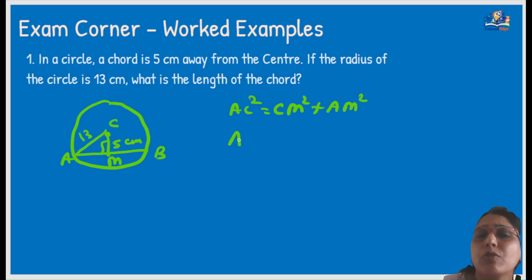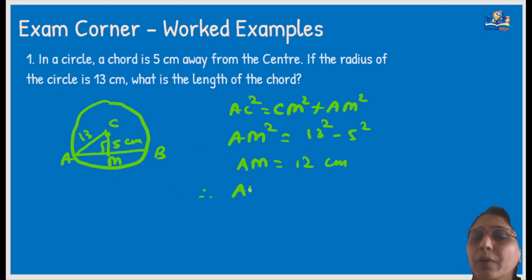AM squared equals 13 squared minus 5 squared, which gives me 12 squared, so AM is 12. Therefore AB, the chord, is double this, which is 24 centimeters. So this is my answer.